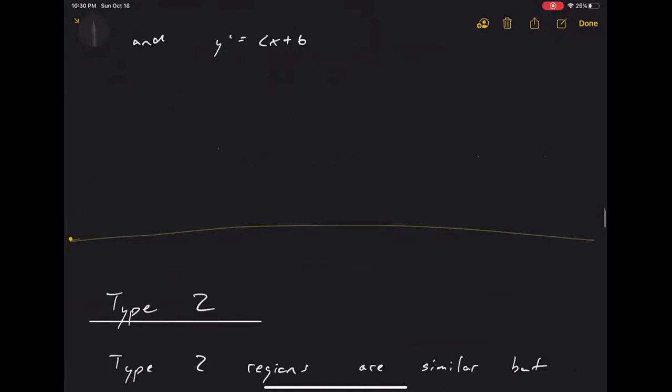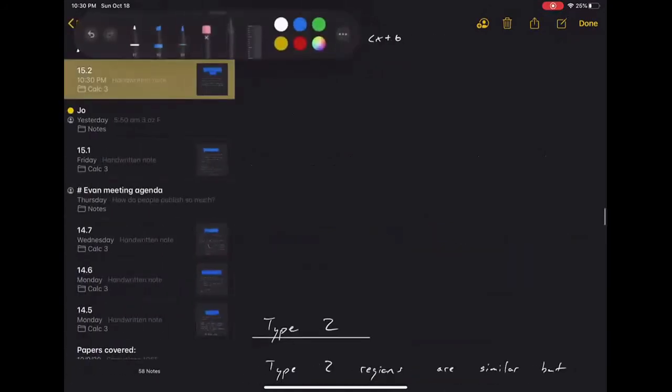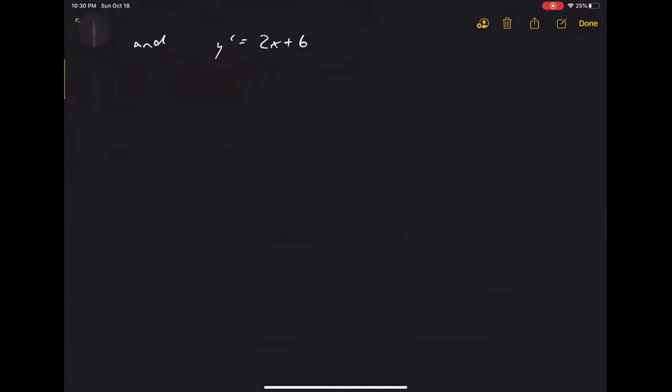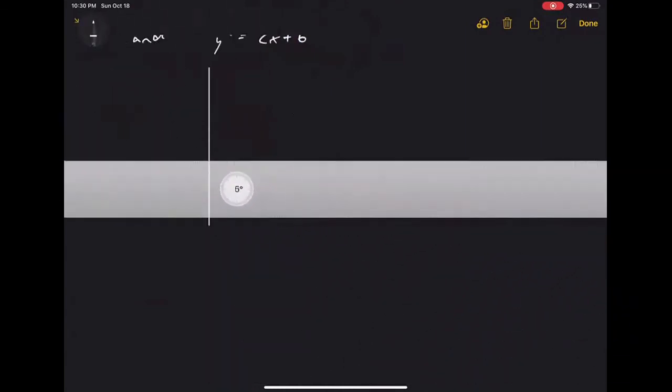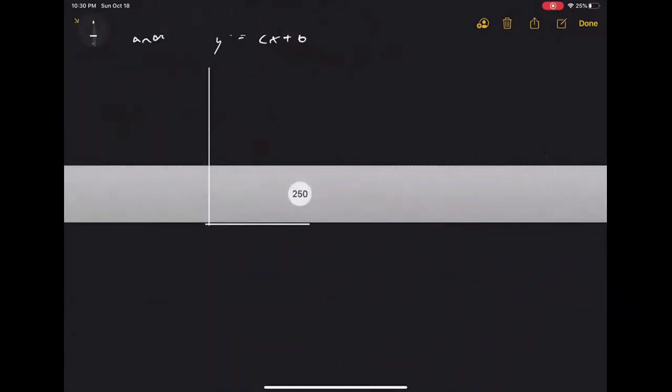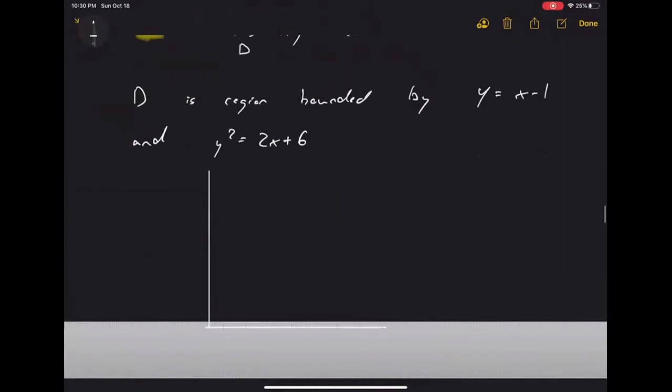So let's draw our xy plane, and let's draw our domain. y equals x minus 1. What does that look like?